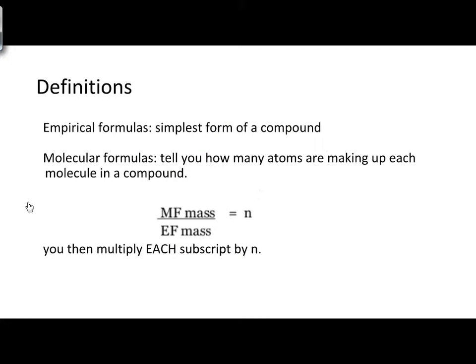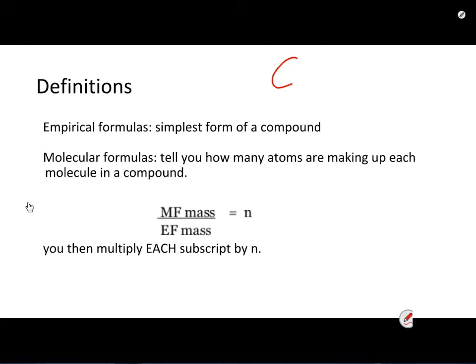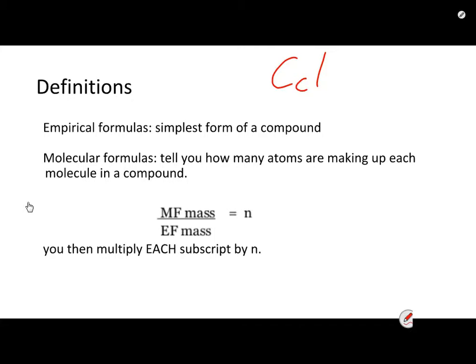So that's the math. So, definitions. The empirical formula is the simplest form of a compound, which means if I had C2, H2, is that the simplest form of that compound?